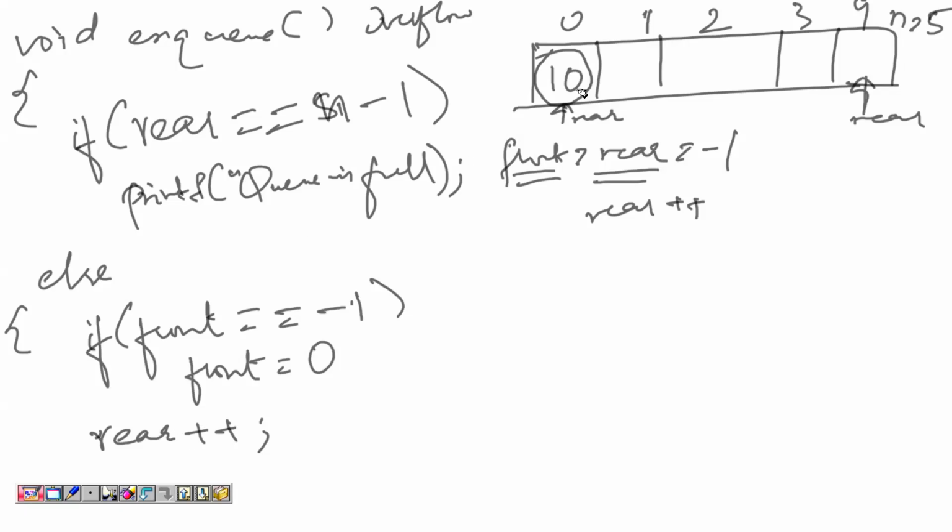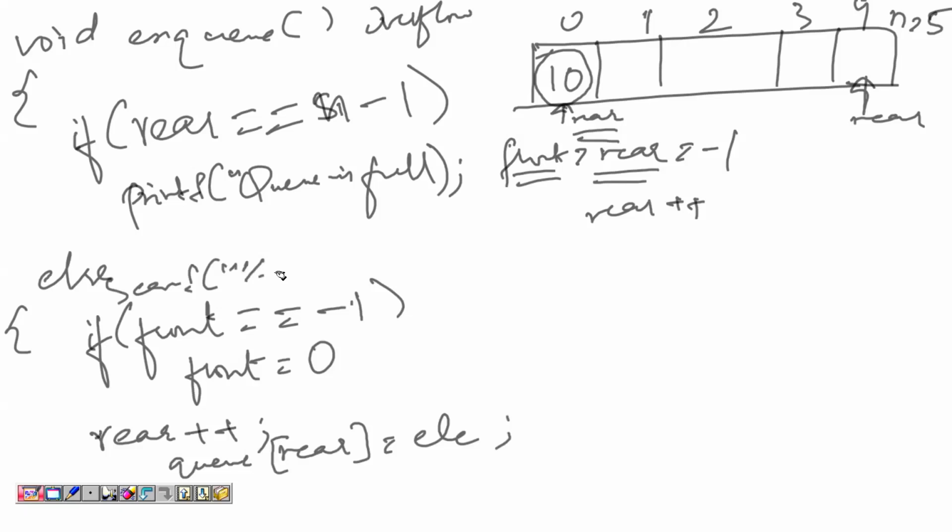Because without incrementing the rear part, I cannot insert the value. So I am incrementing the rear part, and inside it I will insert the element I want to read. So queue of rear equals some element. Here I can ask the user to read the element: scanf %d.